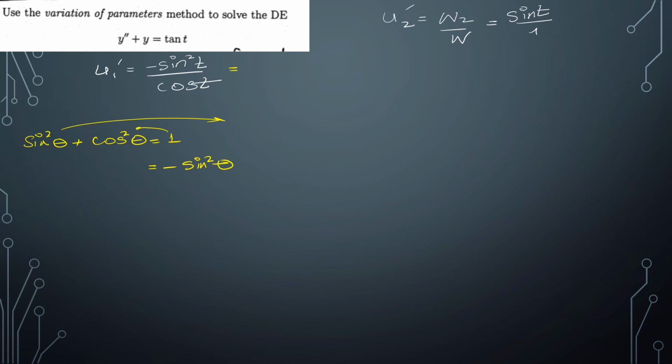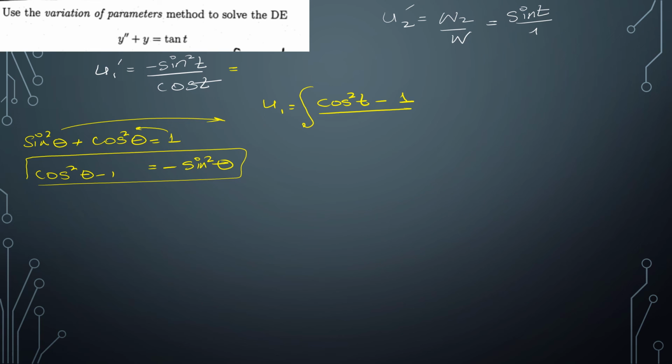And if I bring the 1 over, I will get cos squared theta minus 1. So using this identity, I will try to solve this equation. So I will write here u1 is equal to the antiderivative of, in place of minus sine square t, cosine square t minus 1, all upon cosine t, dt.